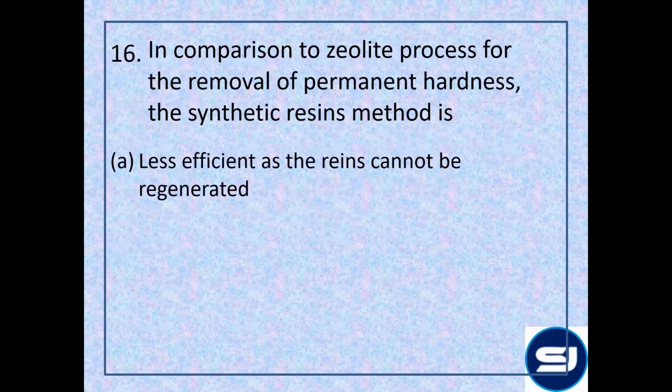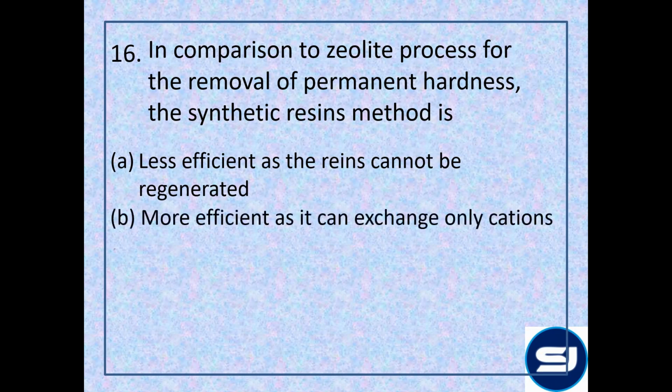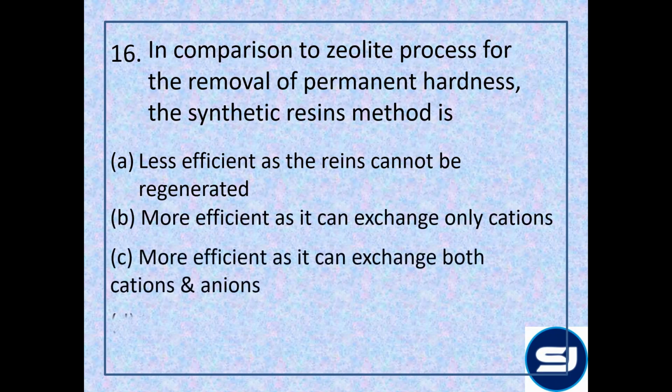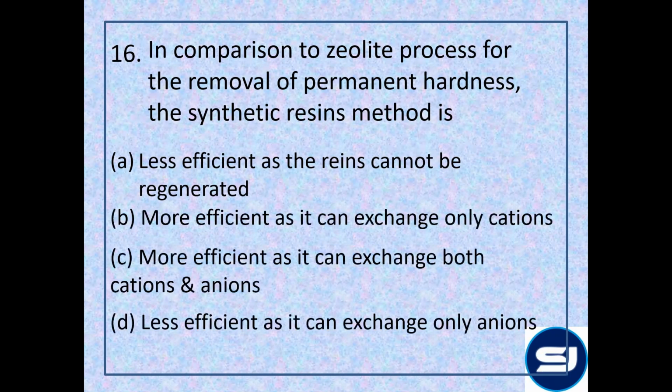In comparison to zeolite process for removal of permanent hardness, the synthetic resins method is less efficient, more efficient, and what is the reason? It is factual. Synthetic resins method is more efficient, option C. It is more efficient because in the zeolite or ion exchange method, as we have already discussed in the start, it only exchanges the cations.